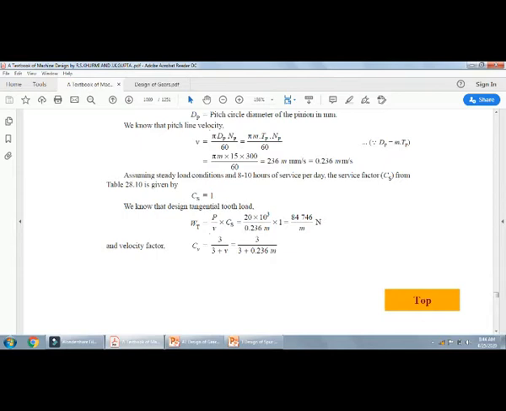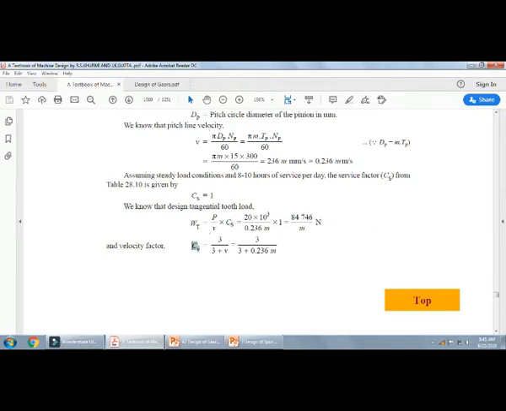So, P is given, so V, this is the pitch line velocity, sorry. V may be calculated by pi d n by 60 for pinion. So, here d is equal to m into Tp. So, we may say V will be in the form of m. Then we will put the value here, so this Wt will be in the form of m.